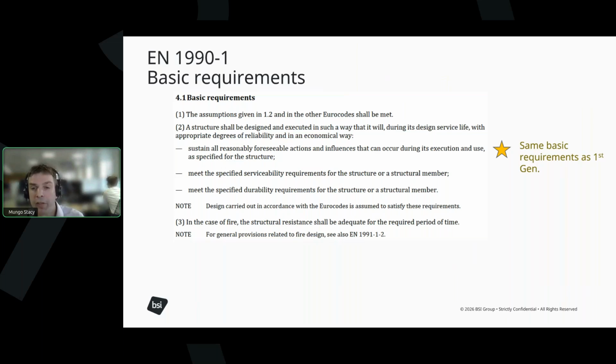On the screen here, those 3 bullet points: we have to design for ultimate limit states, so that we can sustain the actions and influences that are applied to the structure. We need to meet serviceability requirements, and we need to provide the specified durability over the course of the design life of the structure. And those are the same basic requirements as were present in first generation Eurocode.